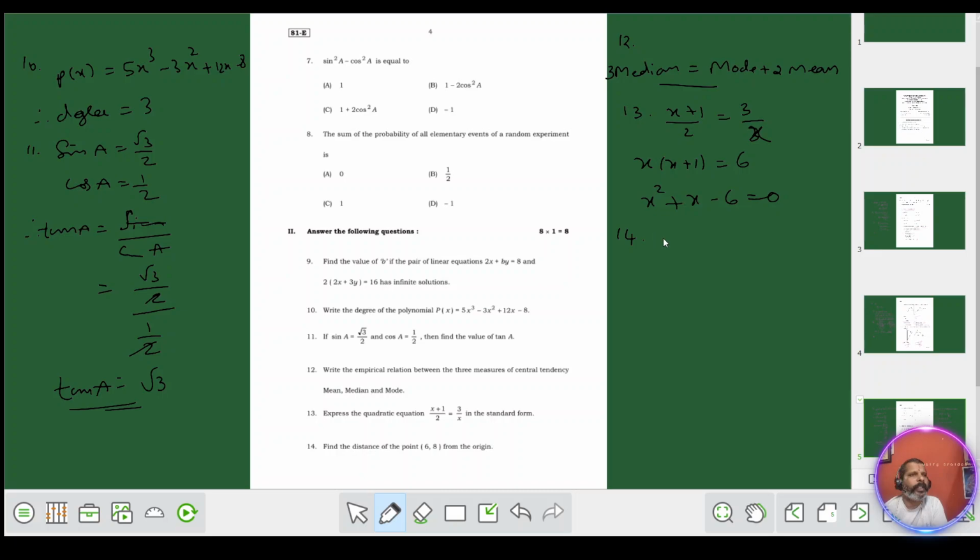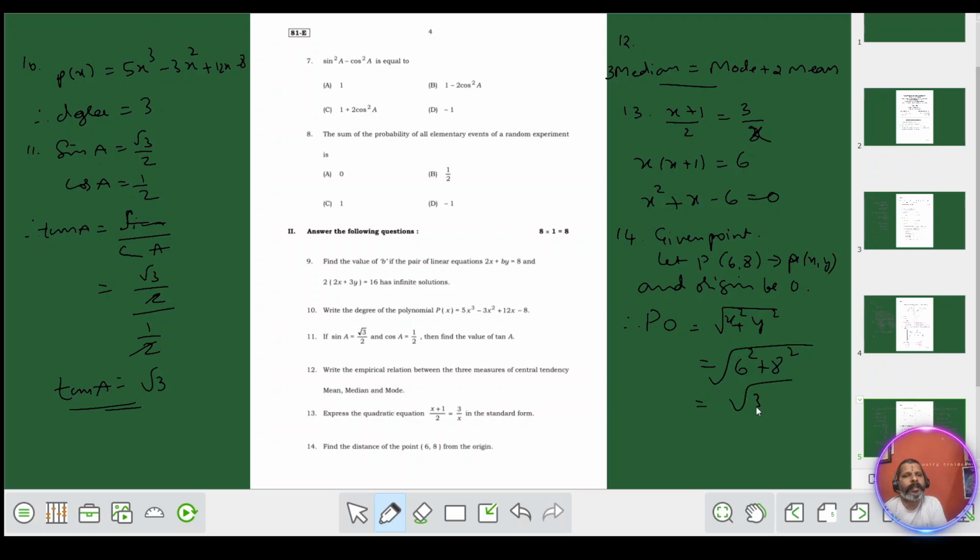Let the given point be P(6, 8) and origin be O. Therefore, PO equal to square root of x square plus y square. Let this be P of x, y.